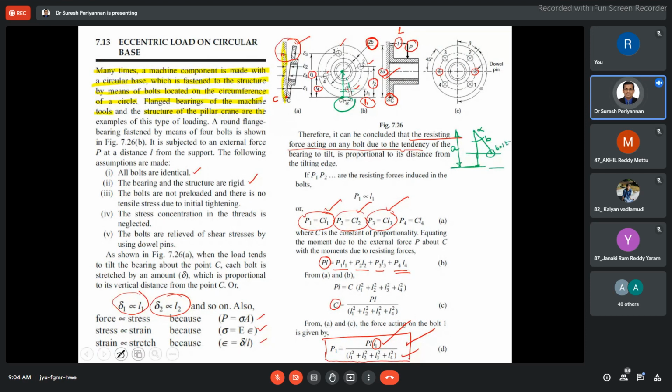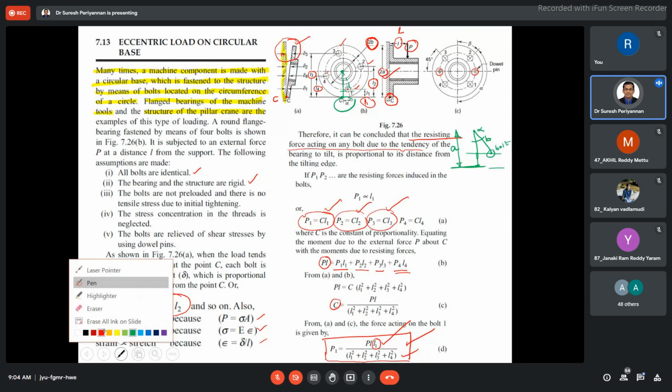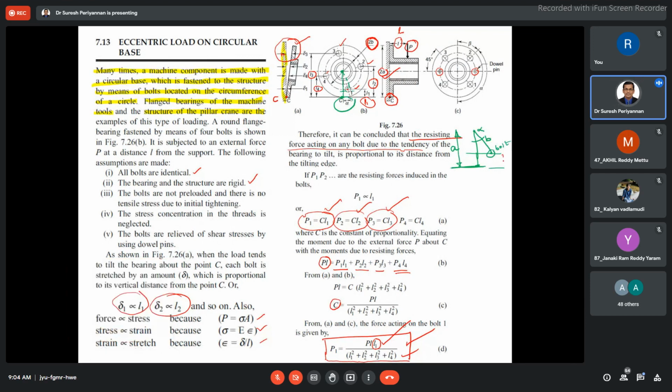Bolt 1 is sitting here, and this is L1. Now, what is a in this case? I can write a is equal to L1 plus b cos alpha. Finally, L1 is equal to a minus b cos alpha.